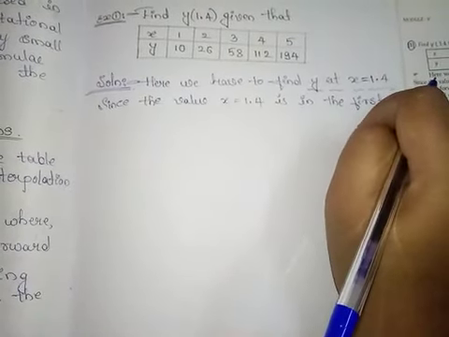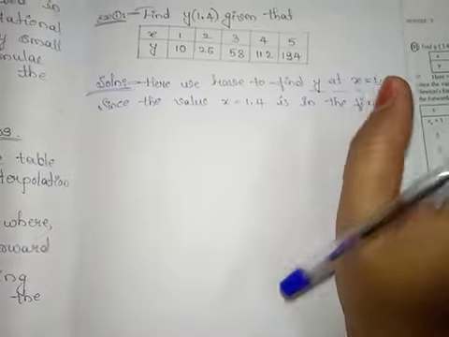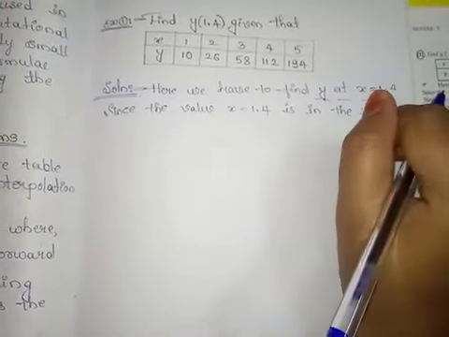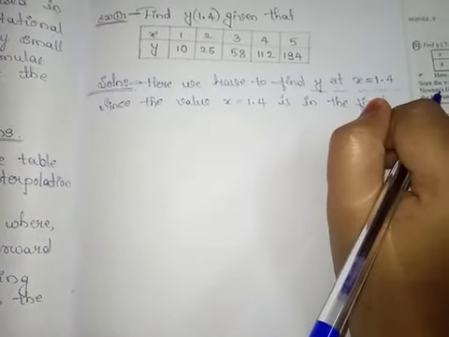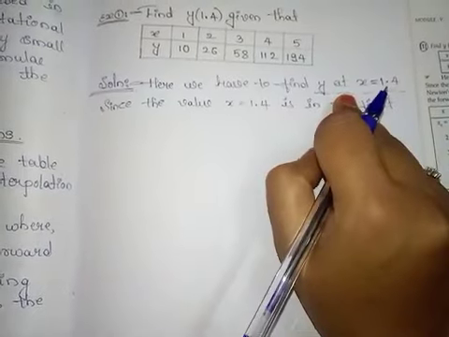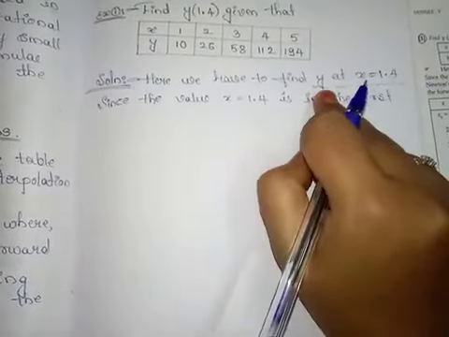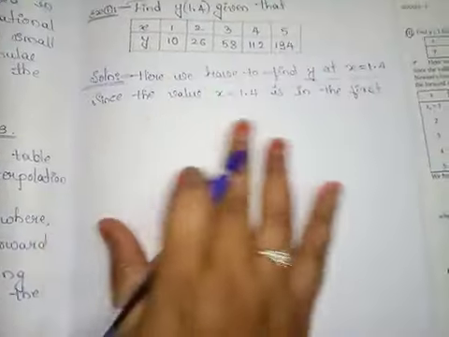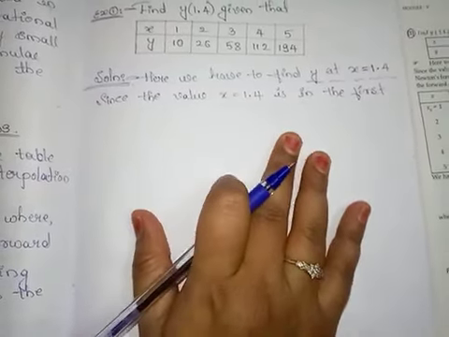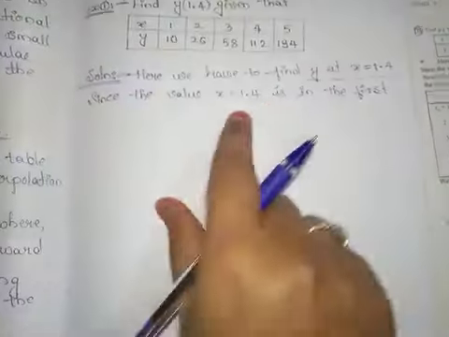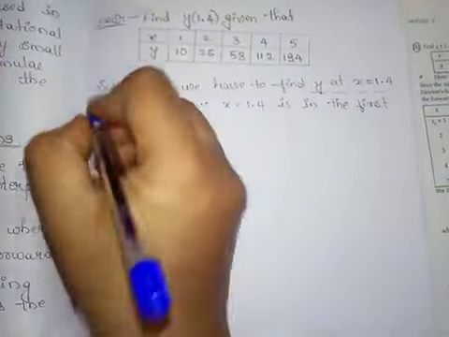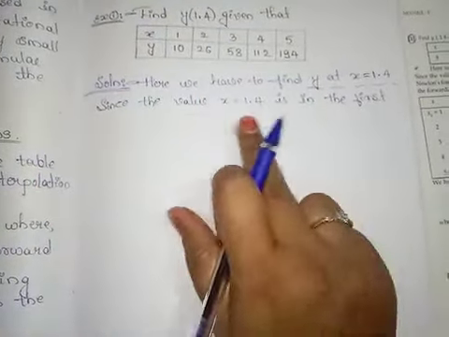Just analyze which formula is applicable for the given example, and write for what value of x you have to find y and which formula is applicable. Only that much is required. For your understanding, I am writing like this.